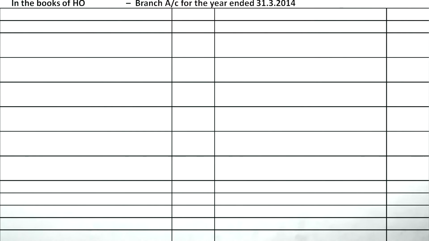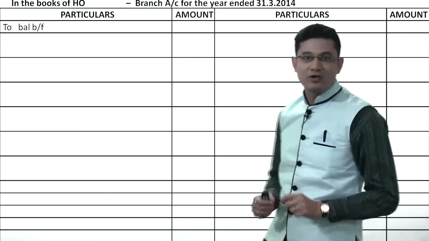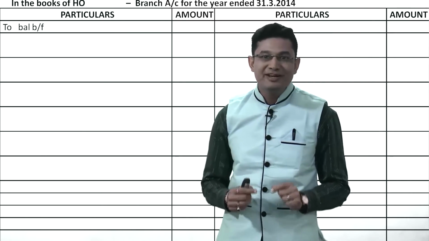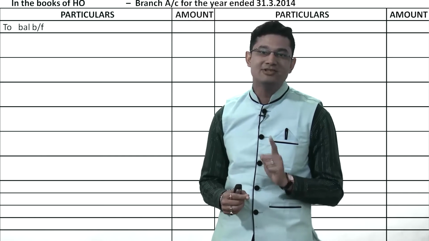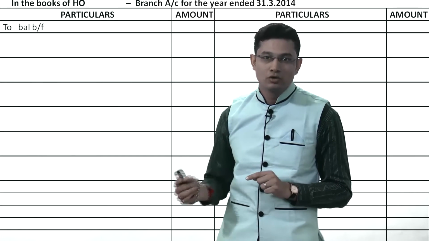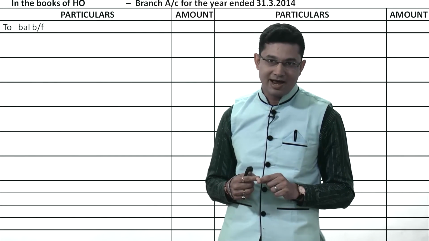Now under the debtors method, we will prepare the branch account for the year ended 31st of March 2014. First of all, what would be recorded? Here we are going to record the opening balance of branch assets, and thereafter the closing balance of branch assets.